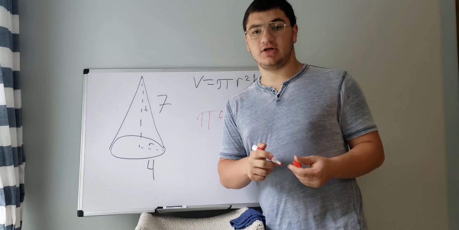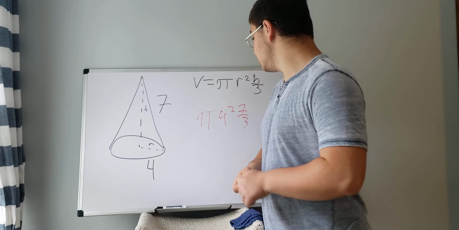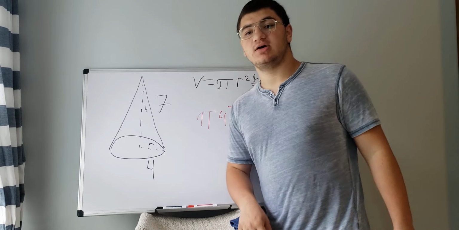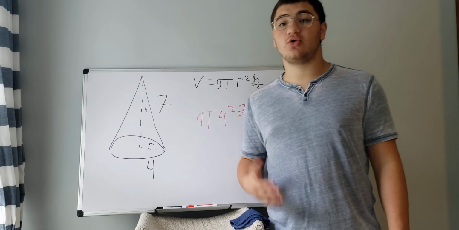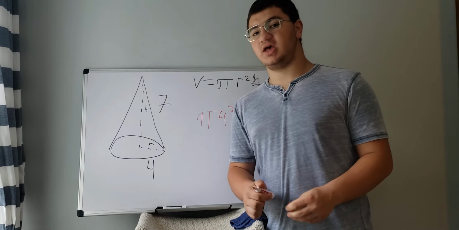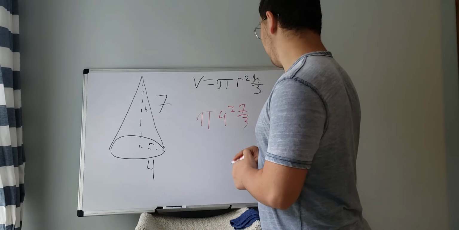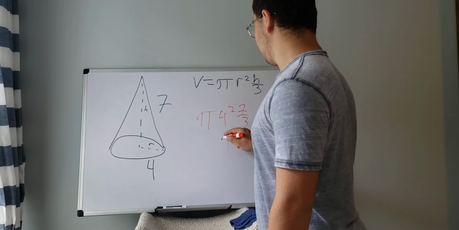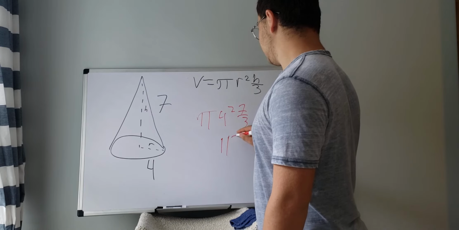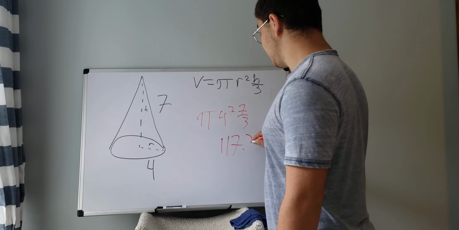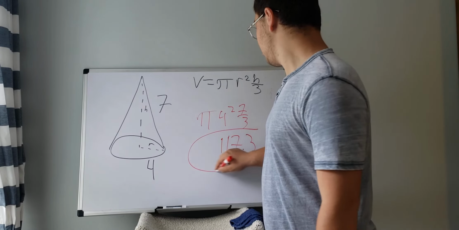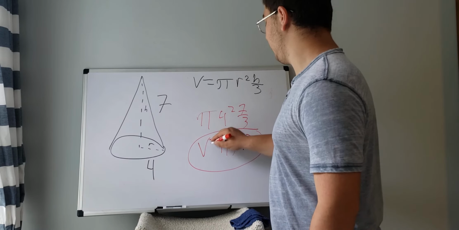We use our calculator, of course, to find this, because you want to get an exact answer, not an approximate answer, after simplifying. You should have gotten an answer of 117.3. That gives us our volume.